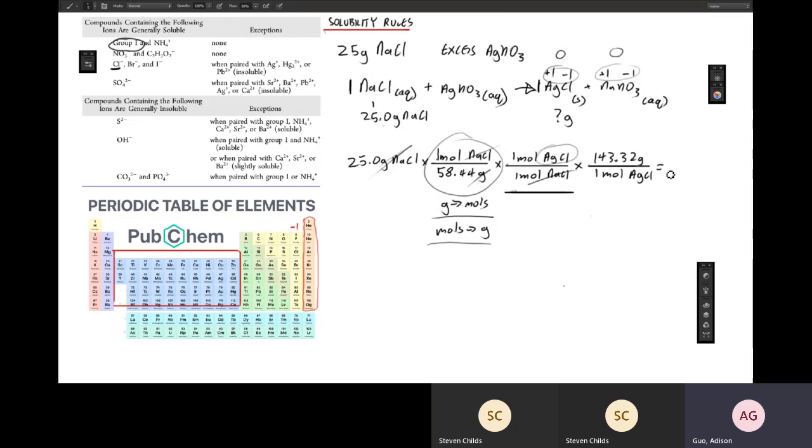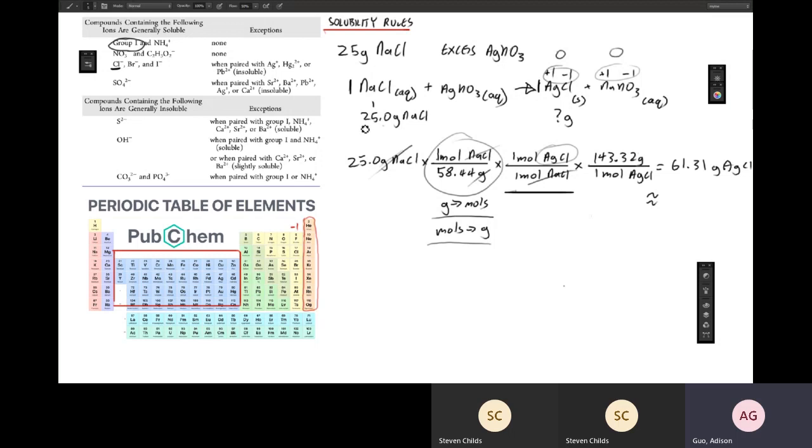So after you do this, you do the math, 25 divided by 58.44, multiplied by 143.32. And we get 61.31 grams of silver chloride.